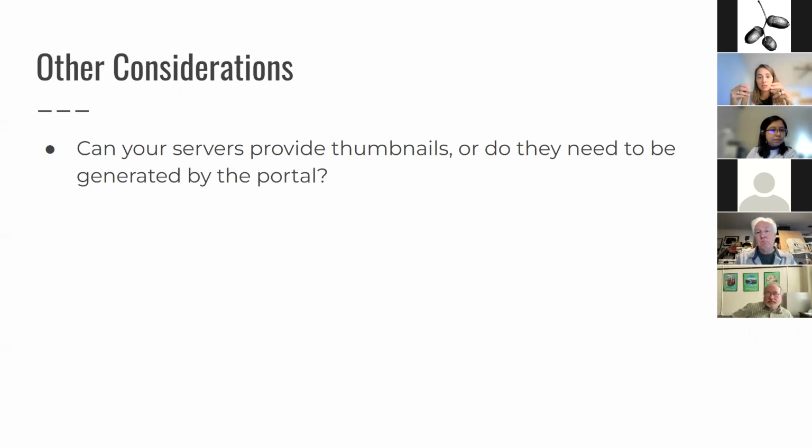Because some institutions can have a certain size generated on the fly from a derivative. So if you are able to generate thumbnails, that would be really great. Otherwise, if you cannot, then thumbnails can be generated using a couple of tools in the portal.